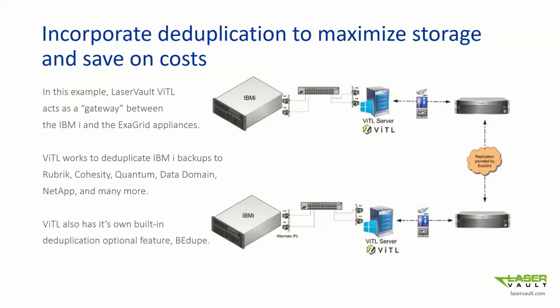It just has the fiber channel hosting of the fiber channel cards to connect to the IBM i or SAS, and then some sort of network connection or fiber channel connection to the storage where LaserVault can write directly to that storage. So if you're already using a backup appliance, you want to leverage that solution with your IBM i backups, just use LaserVault as a gateway to that storage.